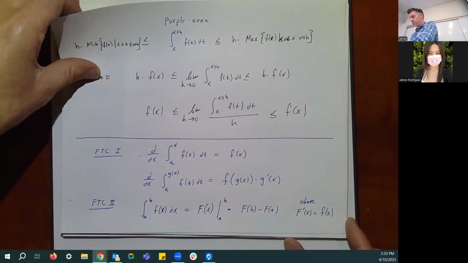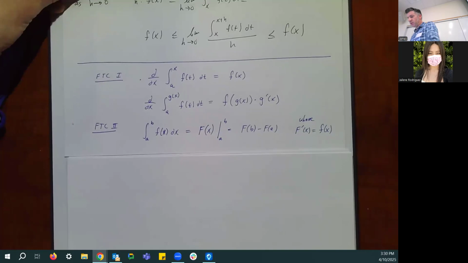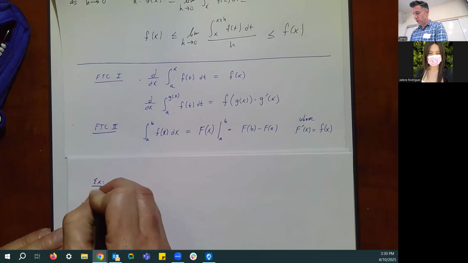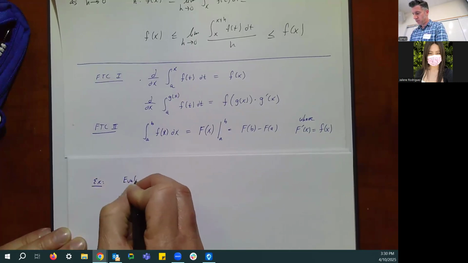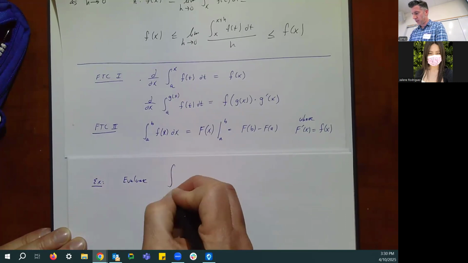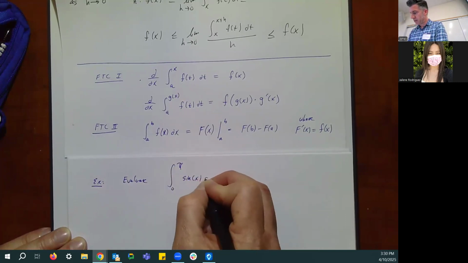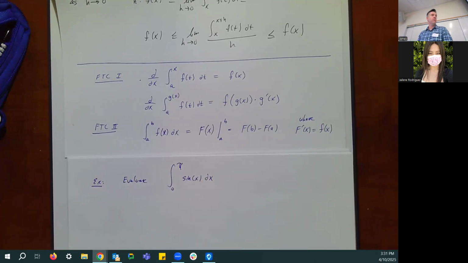Okay, so what that means for us now is that we can find all sorts of definite integrals. For example, we can evaluate the integral from 0 to pi of sine of x. And it's relatively not terrible.